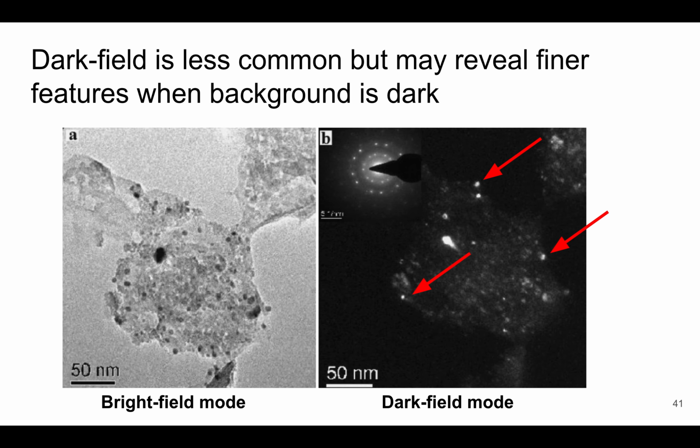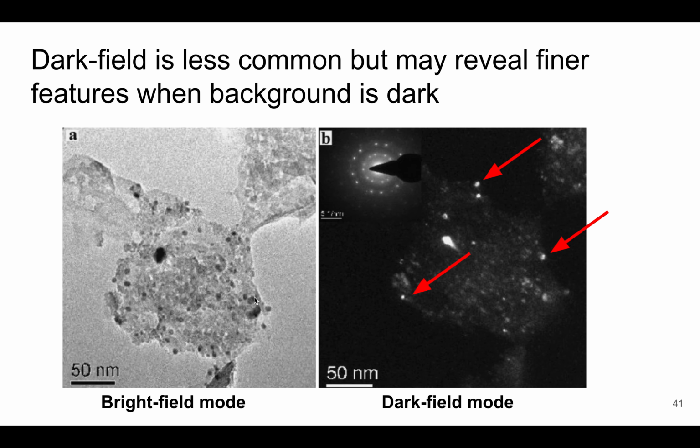And so this might be a little misleading. Dark field can be used quite often. A lot of TEMs now will do both simultaneously, but dark field can be useful because if you take the images I've shown you so far, A and B, they're of the same material, and if we look at this case, all the nanoparticles that I talked about are the dark spots, and they're on top of this light background.